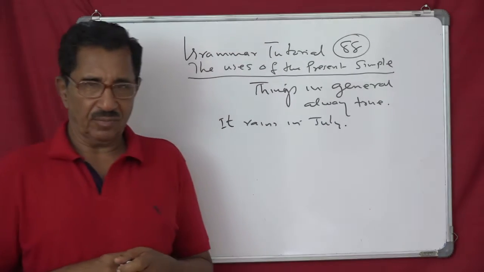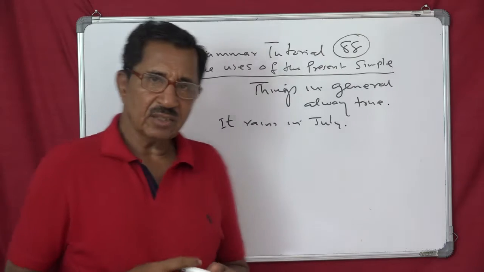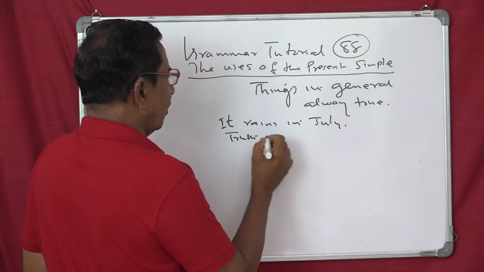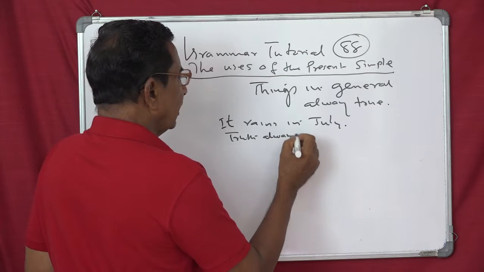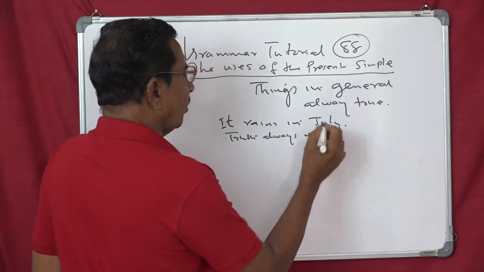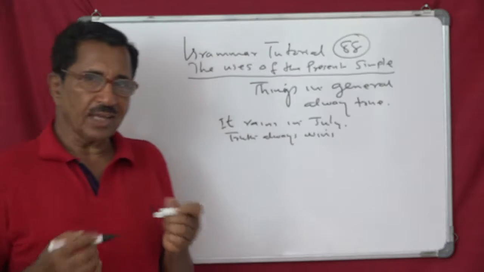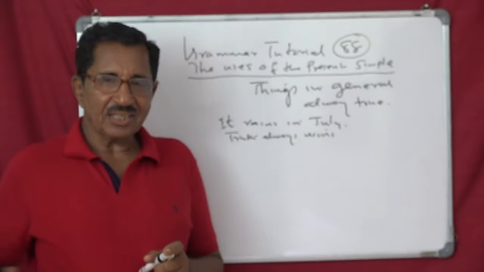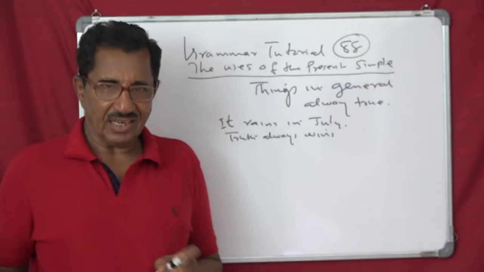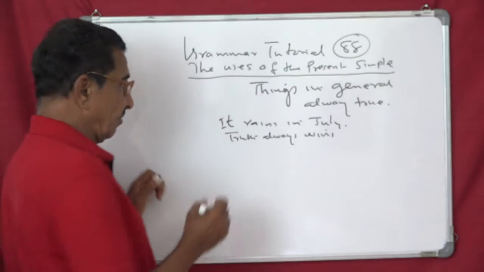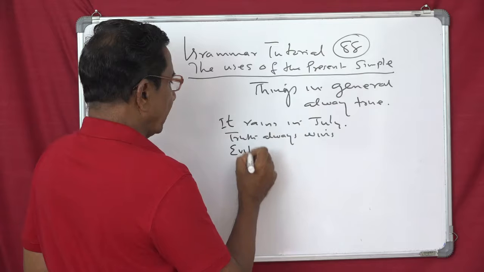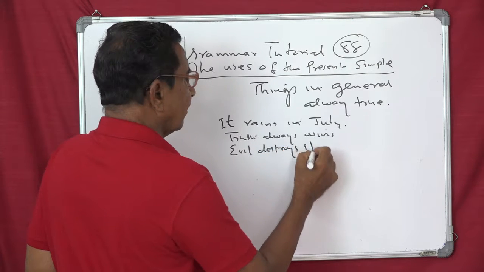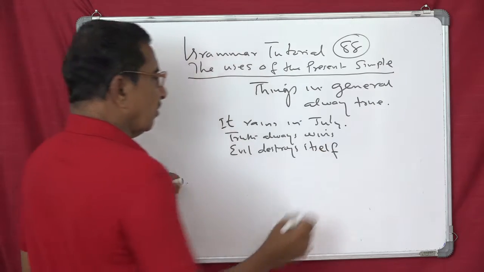It rains in July. Or another is, truth always wins. True, isn't it? Finally, whatever happens, the ultimate winner will be truth. Right? Evil destroys itself. So you need not worry about this.